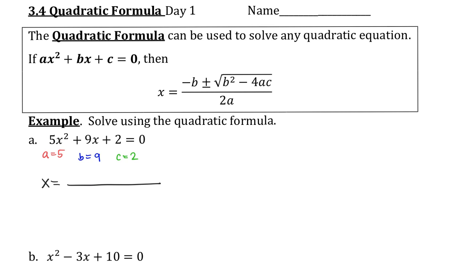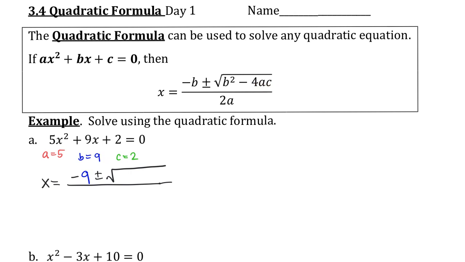Okay, in the numerator, it says negative b. B is 9. So negative b is negative 9, plus or minus. Then it has a big radical. Inside the radical, b squared minus 4ac.